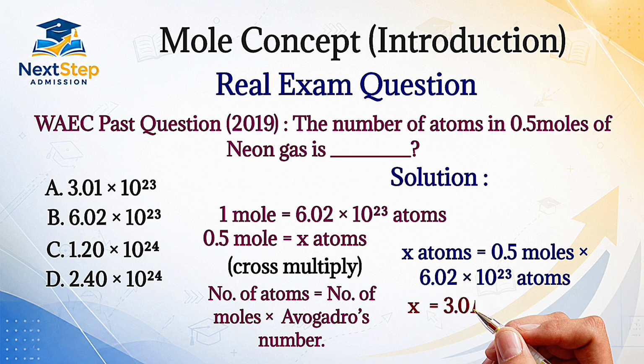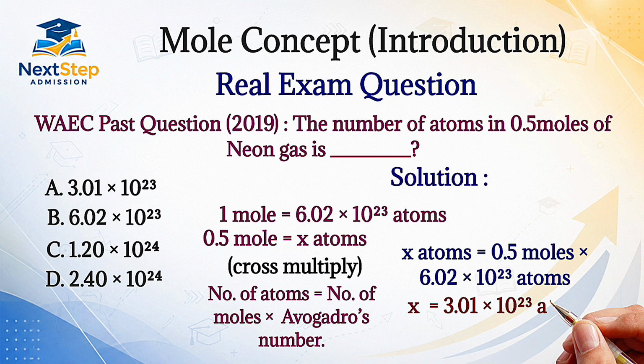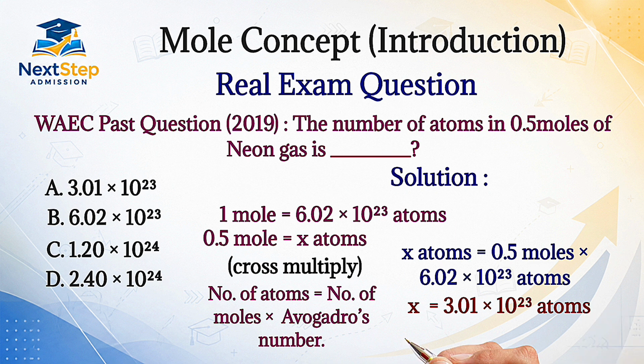Number of atoms equals 3.01 times 10 to the power of 23. The answer is A, 3.01 times 10 to the power of 23 atoms. You see how simple that was. Once you know that 1 mole equals Avogadro's number, you can always find the number of atoms by multiplying moles by that number.